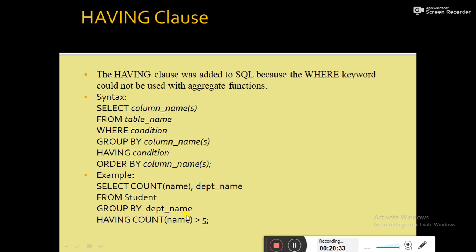So 3 groups will be formed: CSE, IT and ECE. And then after that we are counting the name for each department, and then we are imposing the condition. What is the condition? Having count name greater than 5.